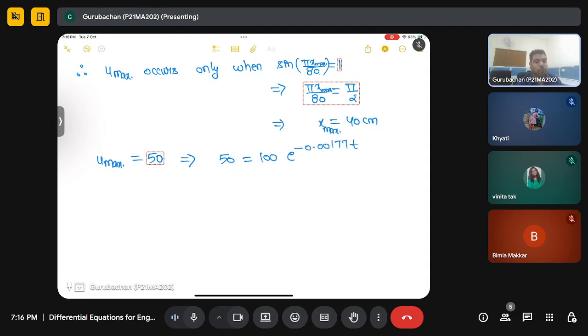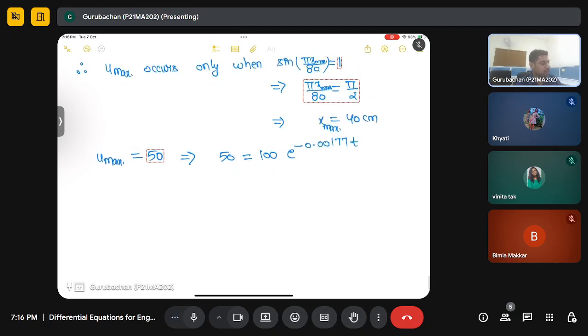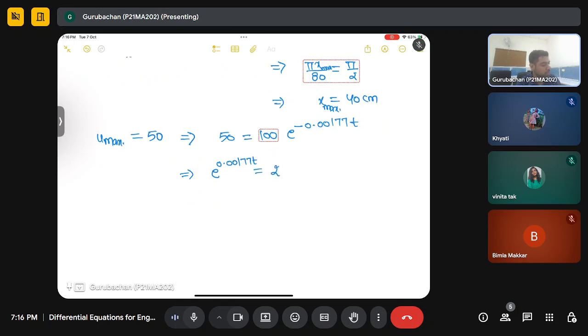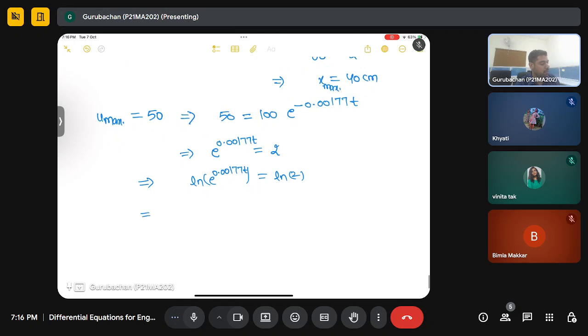0.00177 t. We have to find this time t, how long it takes, so we need to find t. From here, if you observe, you will get e to the power 0.00177 t is equal to 2. If you take logarithm on both sides, ln 2 equals 0.00177 t ln e, because ln x to the power n is n ln x.